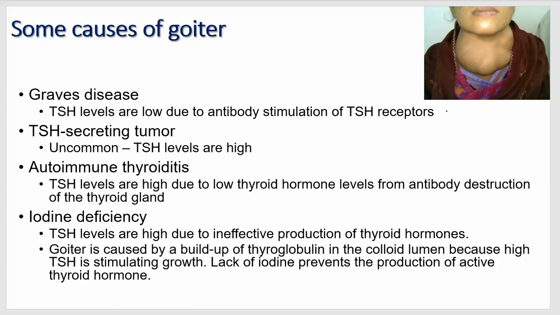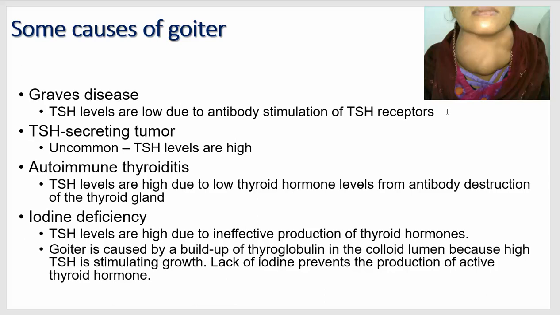Autoimmune thyroiditis, so that's what we just mentioned with Hashimoto. TSH levels are high due to low thyroid hormone levels from antibody destruction. Iodine deficiency, we mentioned that. TSH levels are high because there is ineffective production of thyroid hormones. Okay. All right.